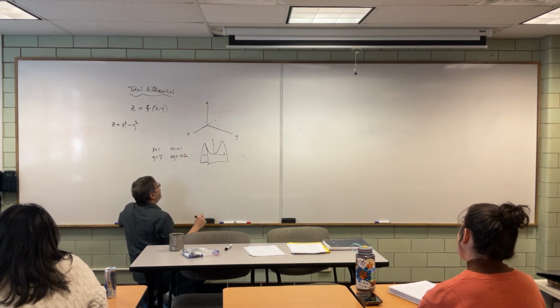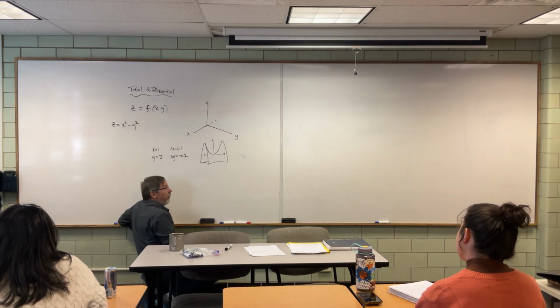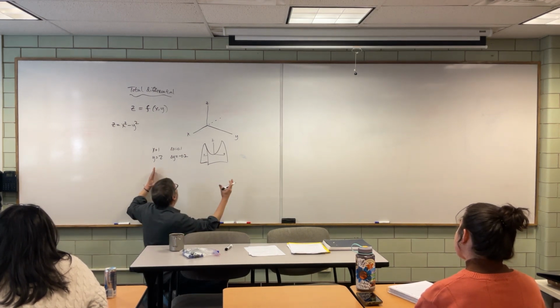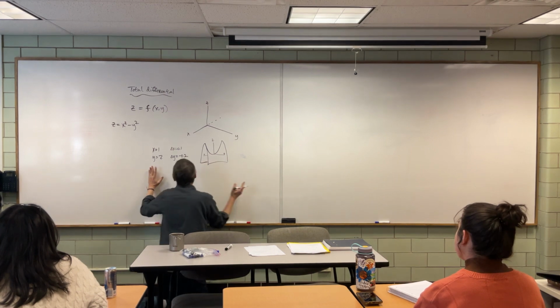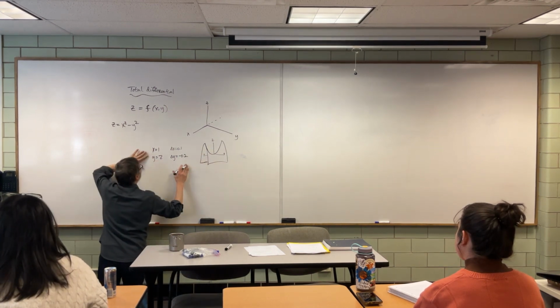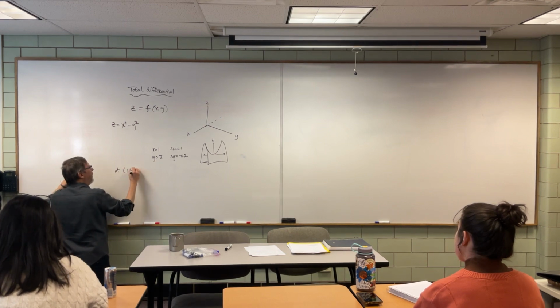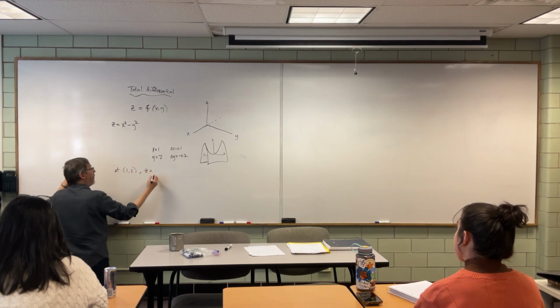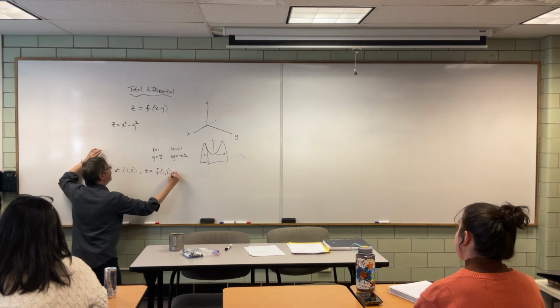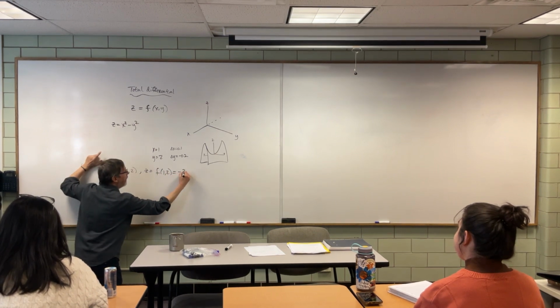Right now, we could do it exactly, with no approximations. At the point (1, 2), z equals f of 1, 2, and that's equal to negative 3.